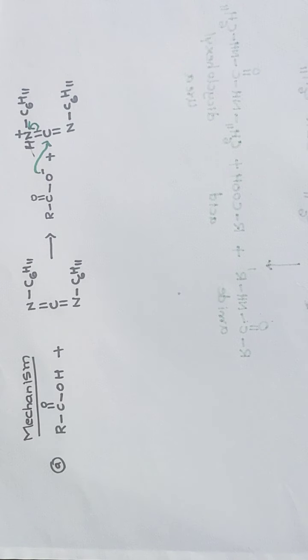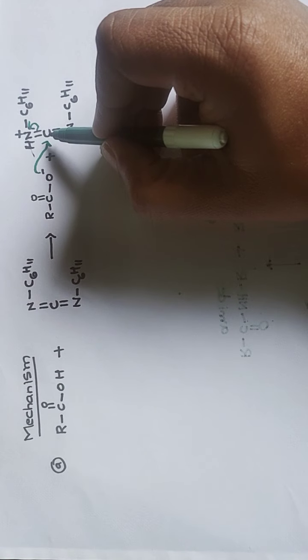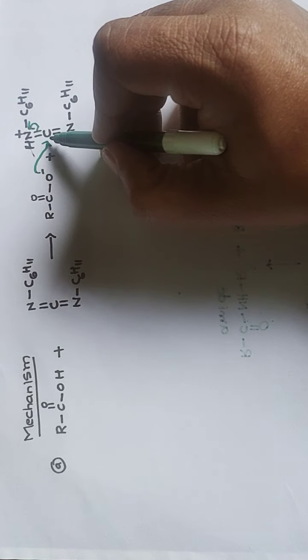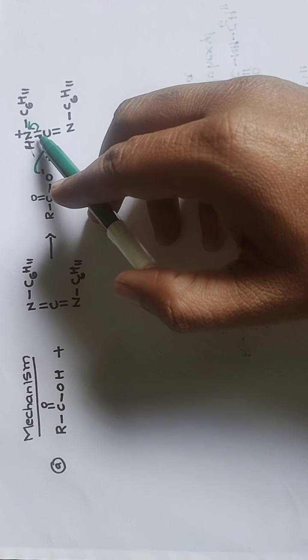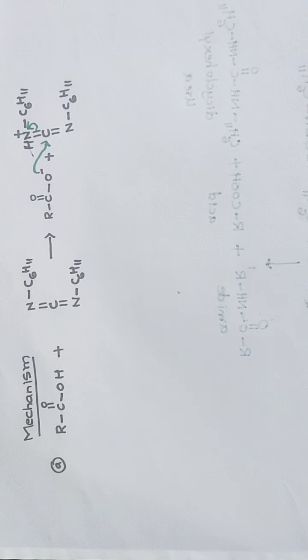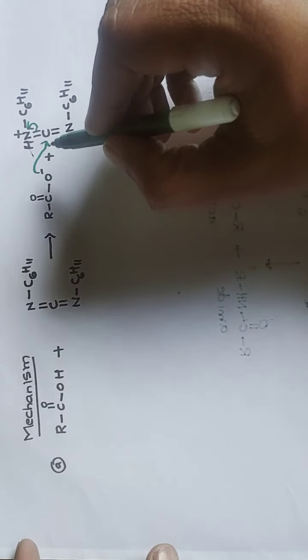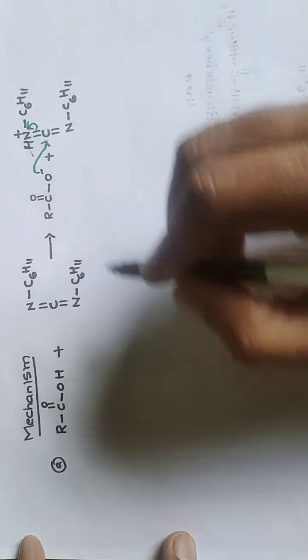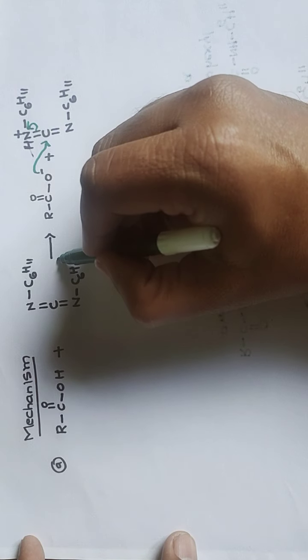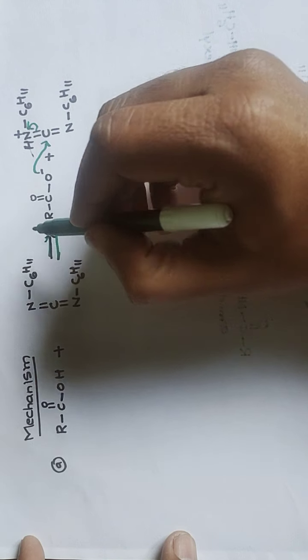NH plus gets converted to NH, and a bond between oxygen and carbon is formed. Why will this oxygen attack this carbon only? Because nitrogen is carrying a positive charge, so this nitrogen will be pulling these electrons. As a result, a deficiency will be created at the carbon. So this is a reversible process.